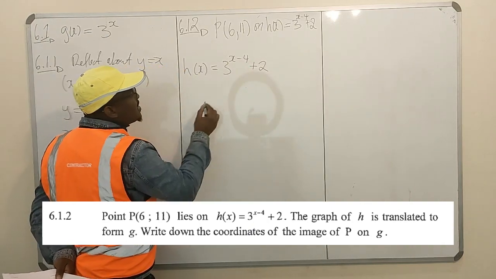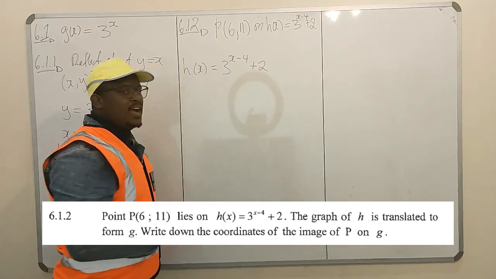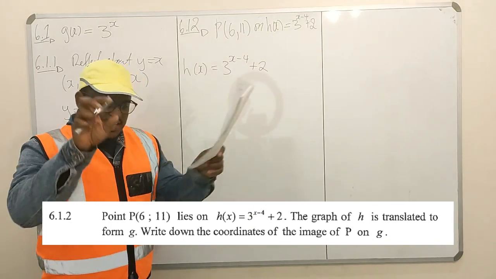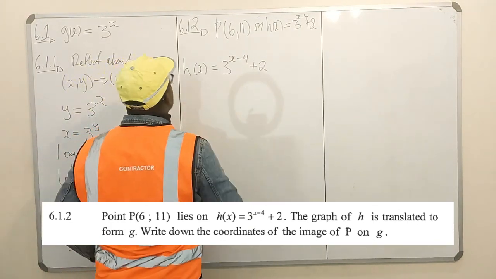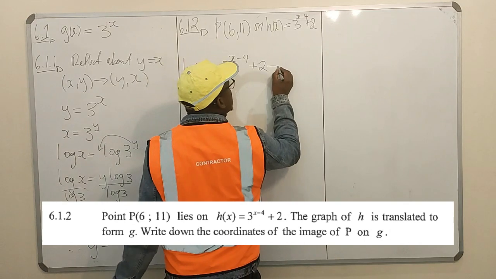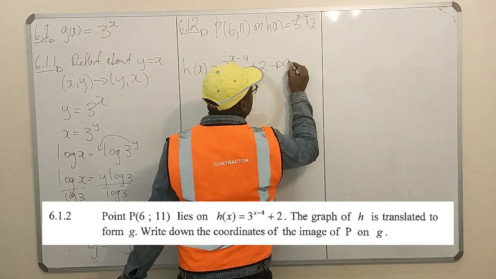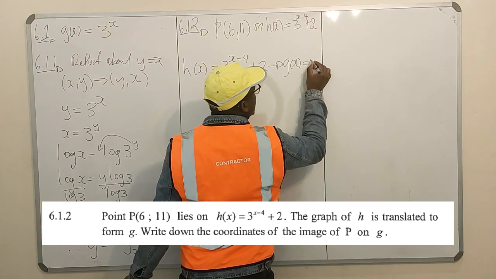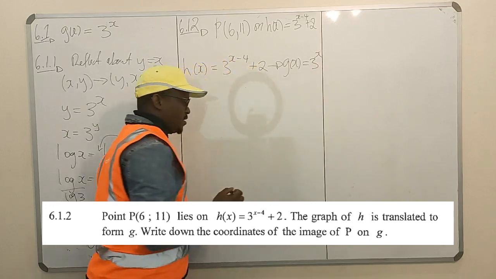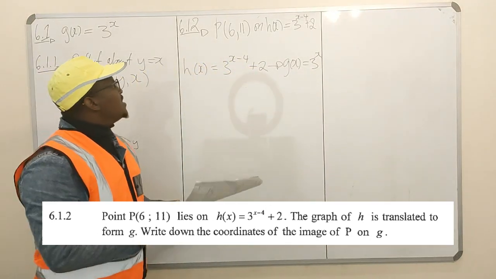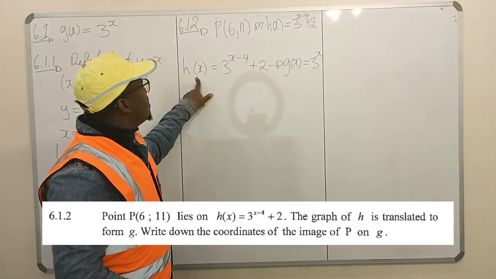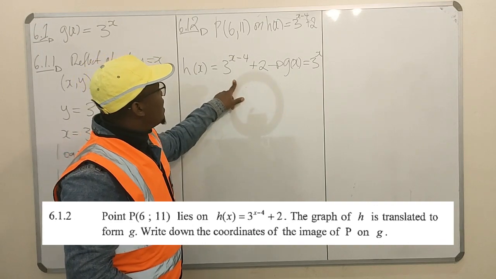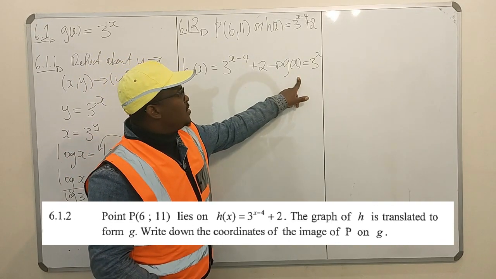They're saying this h has been translated, moved around, to form g of x, which is equal to 3 raised to x. That's what happened. So they're telling us that h has been translated to form g.